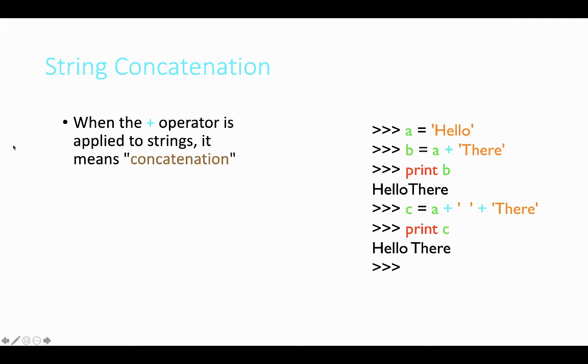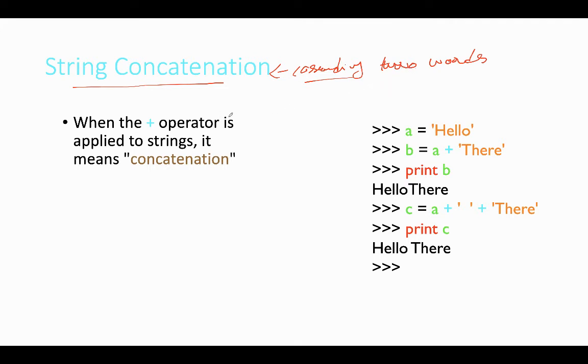We have already tried concatenation with a lot of examples, still I can give an example here. String concatenation means you are cascading two words. It may be sentences also sometimes if you need it.